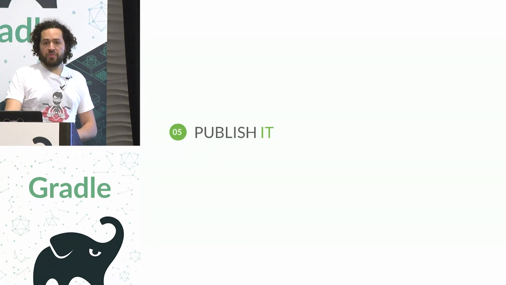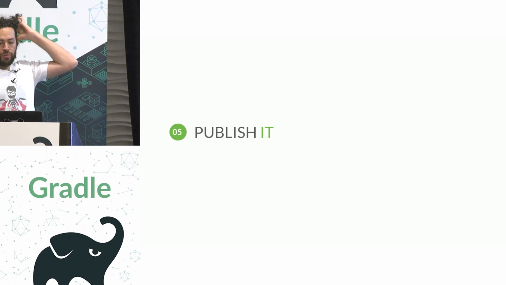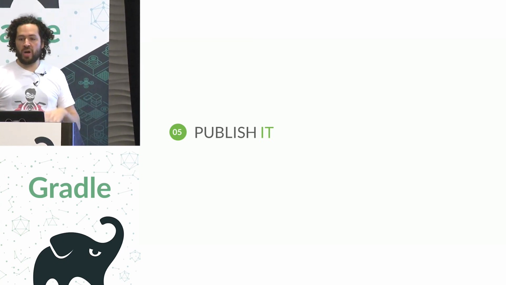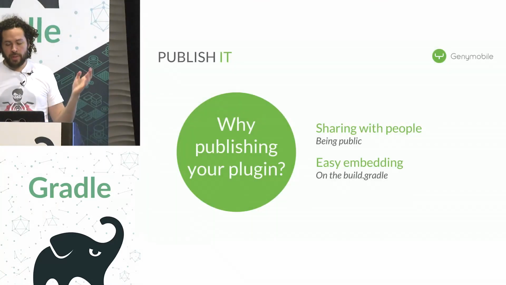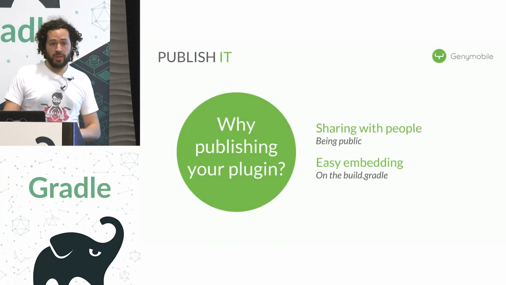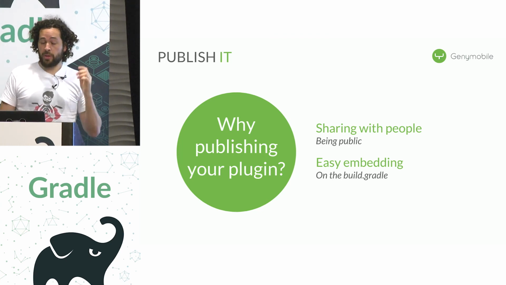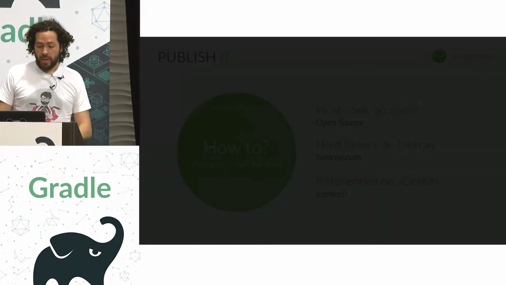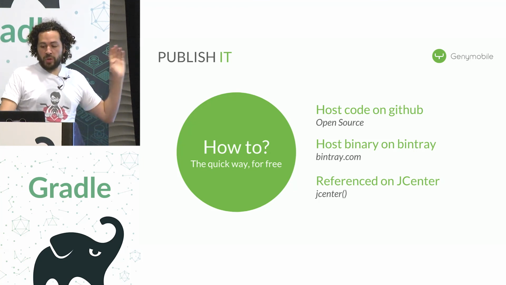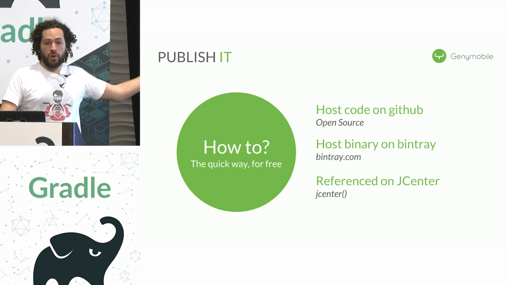Okay, I don't have the time to talk too much about publishing, but just to let you know, when you have your jar, there are the plugin portals from Gradle where you can reference and declare your project. You can host your project really easily on Bintray.